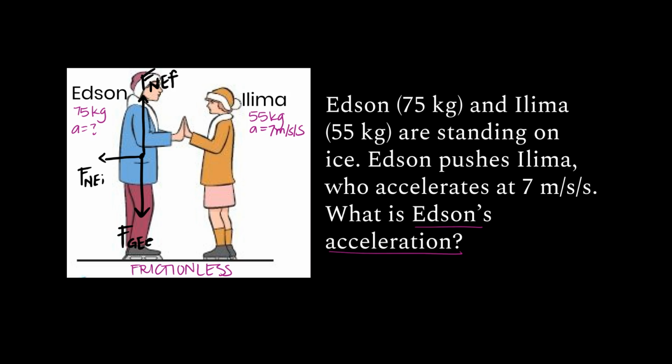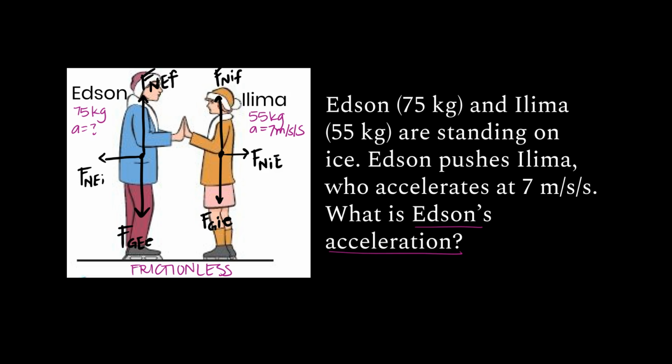Okay. All right. And then Elima, there's a force of gravity on Elima from the Earth. And she is being held up by the floor. So normal force on Elima by the floor. And Edson is pushing her to the right. So there is a normal force on Elima from Edson.